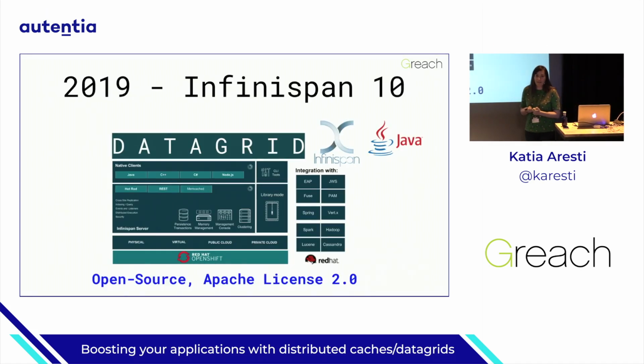And so 10 years after, we are now with version 10, which is in beta 3, and it's known as a datagrid. It's an open source product, completely open source, Apache 2 license. And if you want support, it's Red Hat who is doing the support of the datagrid.